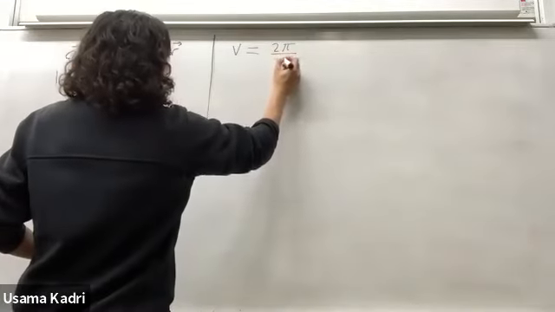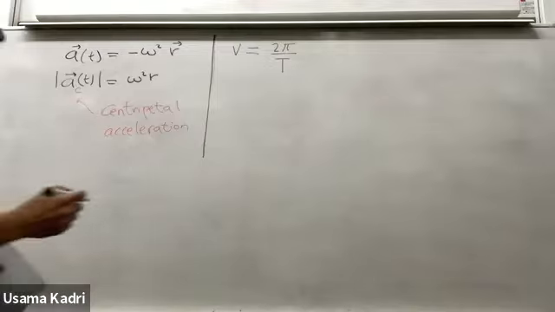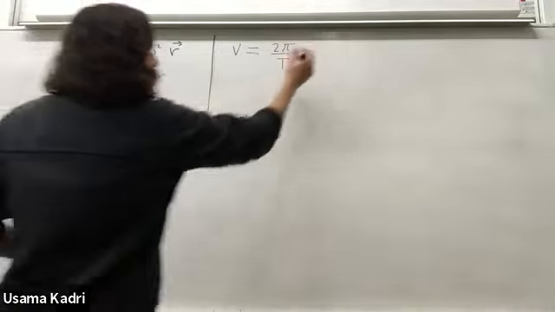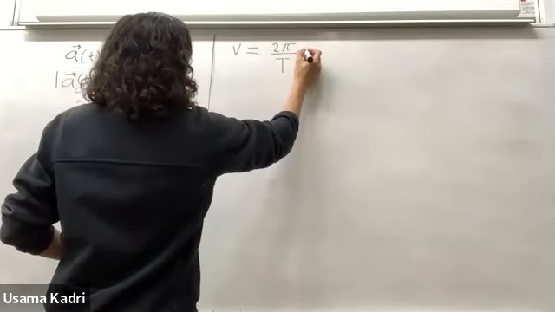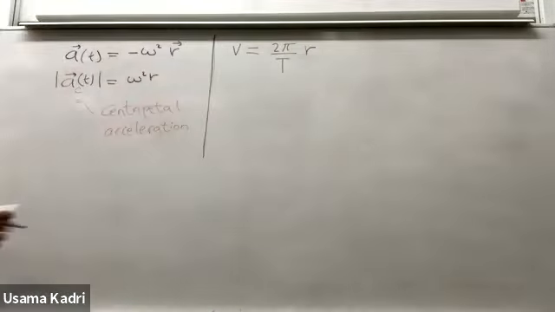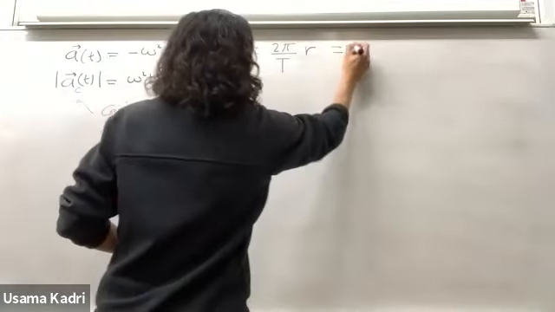Remember, 2 pi over T gives the angular velocity, and if I multiply it by r, this is omega r.